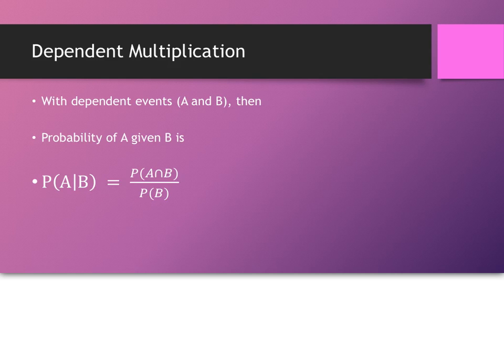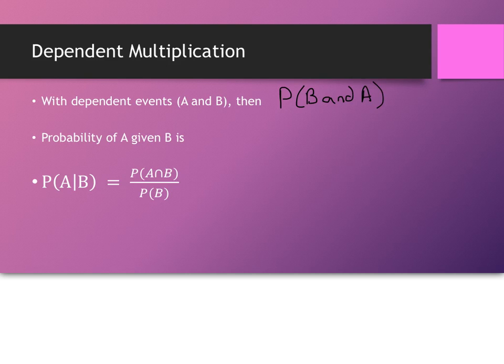Now let me give you sort of the other way real quick. Let me go the other way. We'll go B and A first. What's the probability of getting B and A?